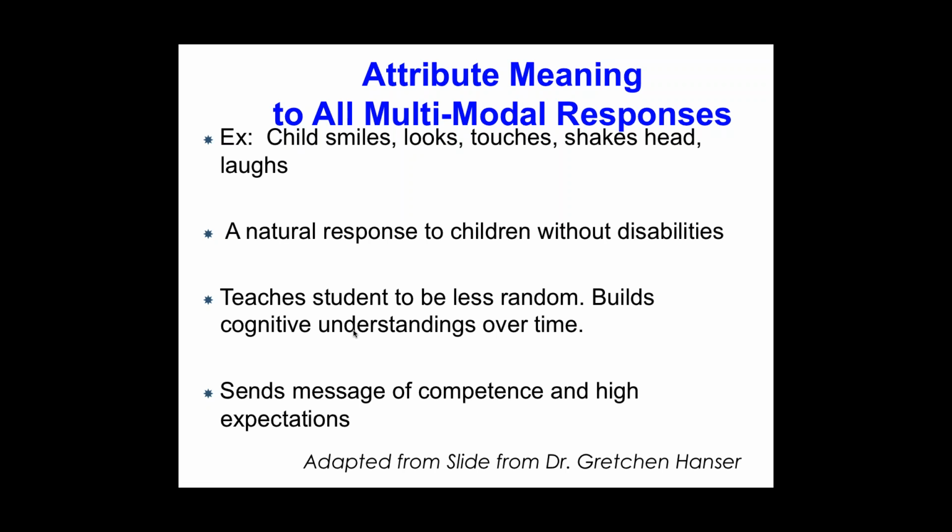So the child smiles or looks or touches or shakes their head or laughs, then we make a response. On the other hand, if the child hits a symbol such as not, then we're going to try to make meaning out of that symbol on that page. We're going to attribute meaning for how that relates to this particular book. This is a natural thing that we do to children without disabilities. It teaches them to be less random.